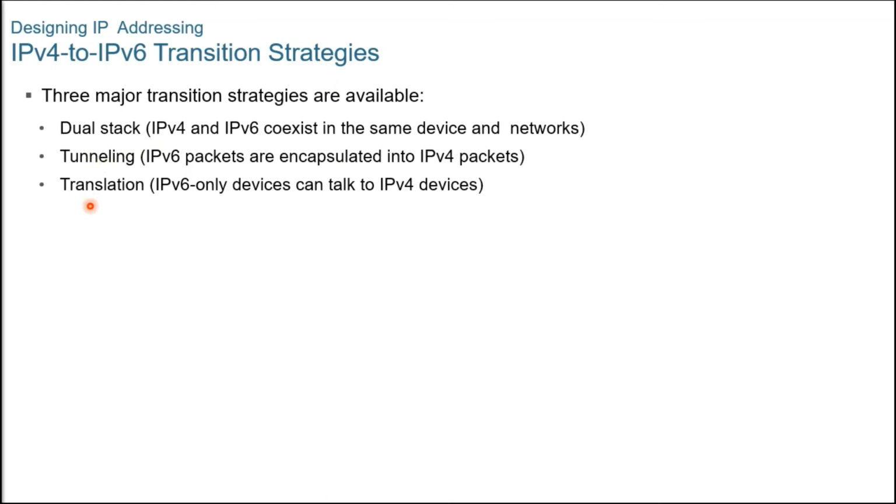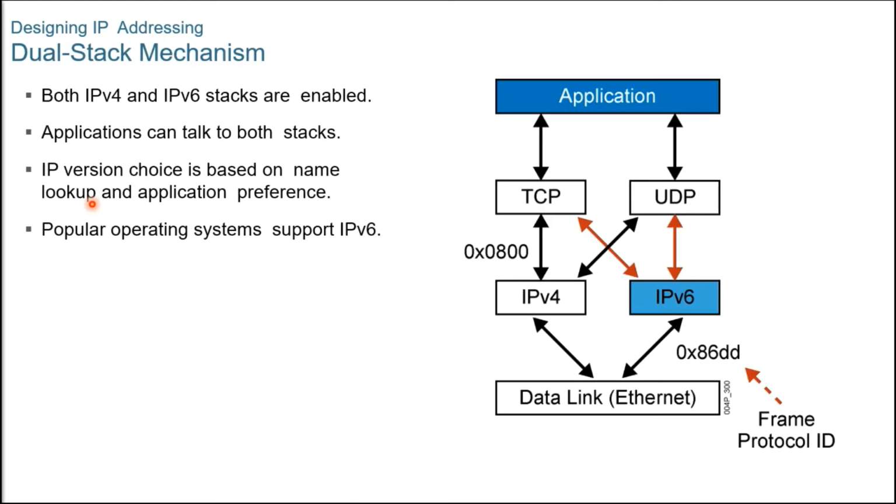Next would be translation. This is a mechanism that translates one protocol to the other to facilitate communication between the two networks. So let's deal with each of these mechanisms. Let's start with the dual stack mechanism.